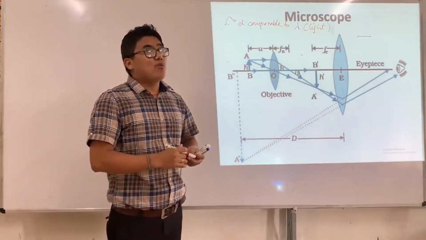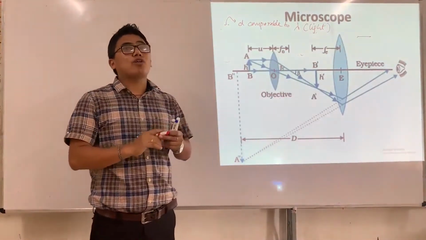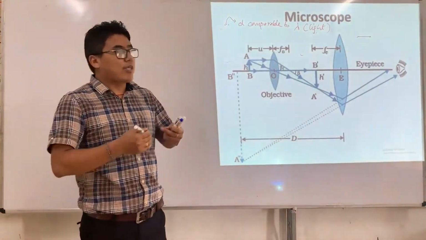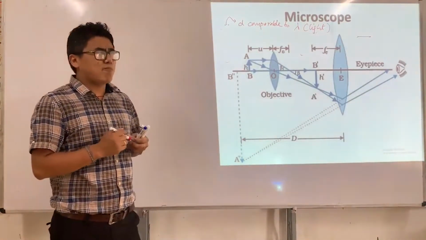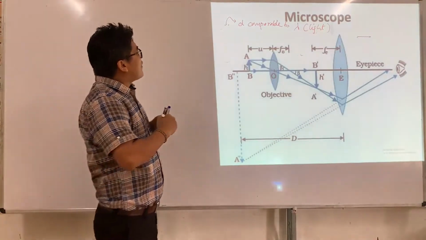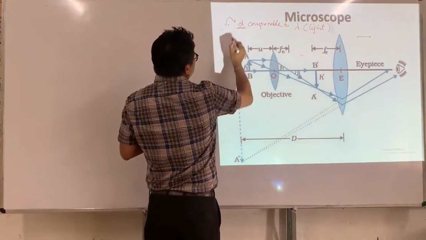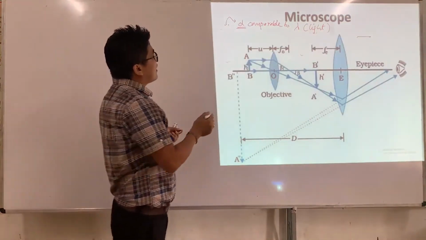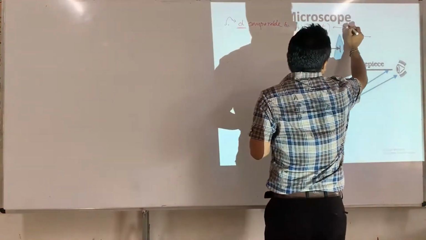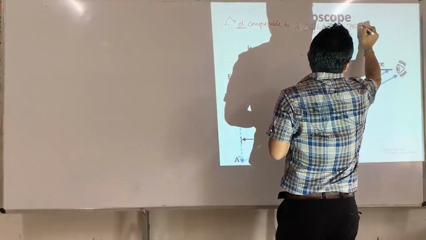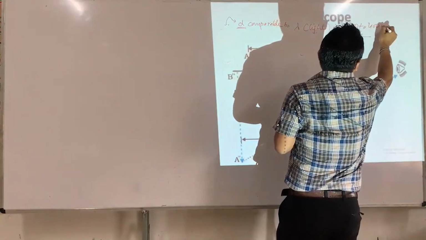Because of this we have to talk about resolving power. The wavelength of light goes from 700 nanometers to 400 nanometers.